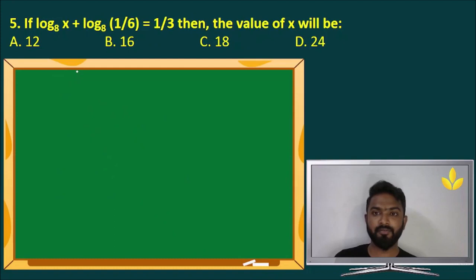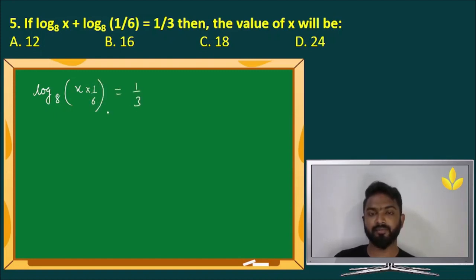Question number 5 is this. So we have log of base 8 of x into 1 by 6. This is equal to 1 by 3. Okay. So this basically means that 8 to the power 1 by 3 equals x into 1 by 6.